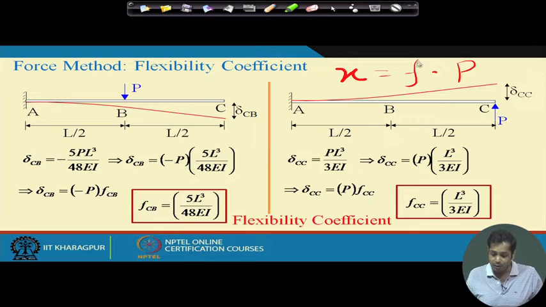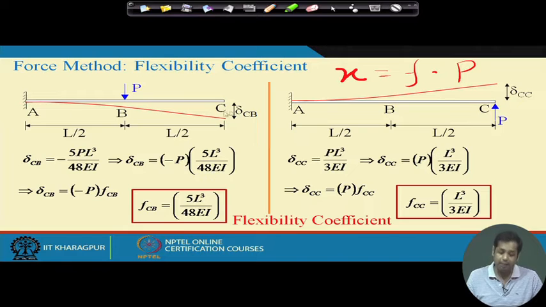So, whenever we talk about flexibility coefficient, similar to stiffness, what do they exactly do? They relate the displacement and the force, deformation and the load, right. Now, which deformation and which load we are talking about, depending on that, this flexibility coefficient will also change.